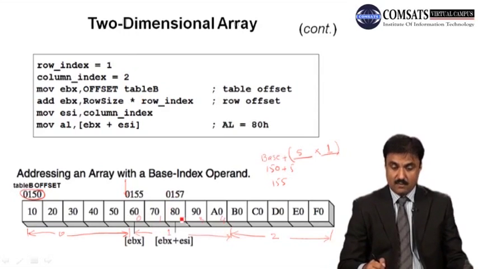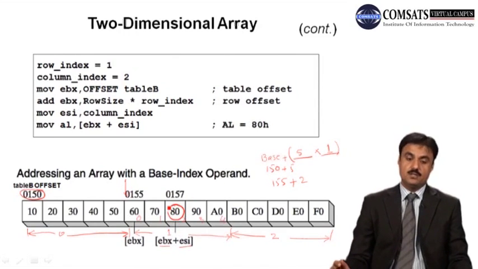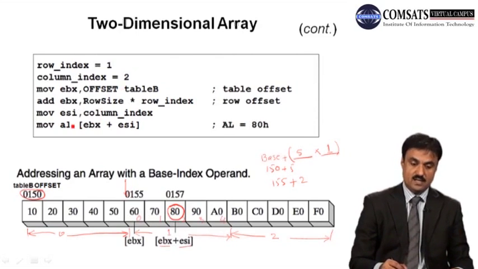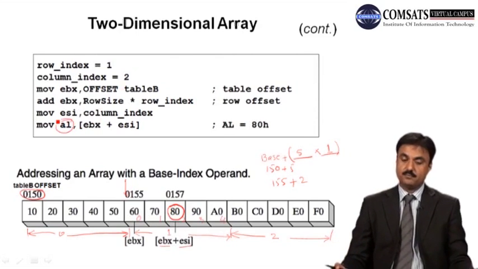So 2 is the offset. If we calculate the effective address, it should be 155 plus 2, so it should be 157. So EBX plus ESI will point to this 80, and this value will be stored inside the AL here.